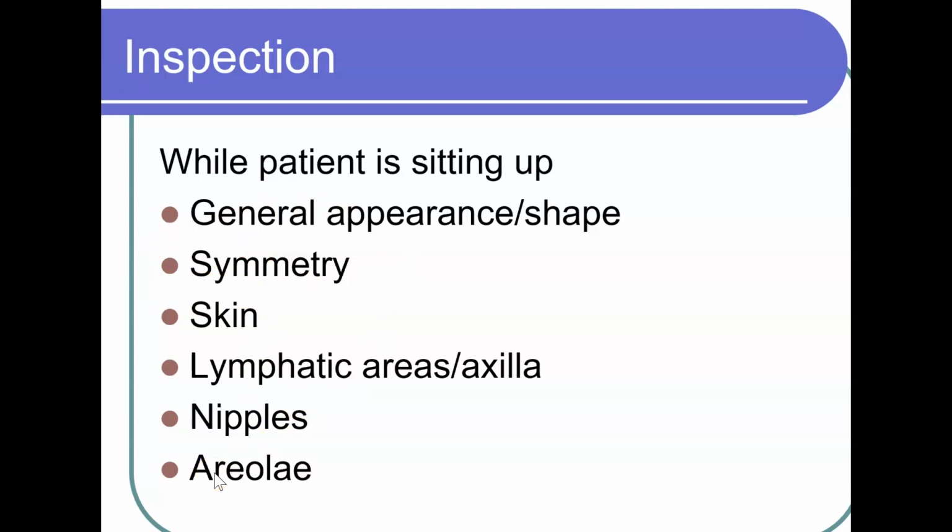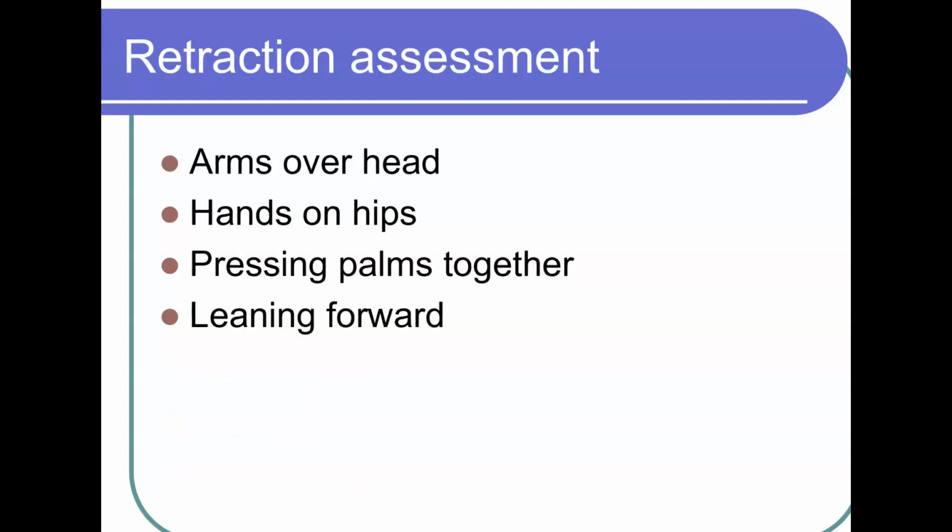It is sometimes common to see some women with one breast slightly bigger than the other, not a lot, but this is just common. You want to look at the skin color. Like I said, assess the lymphatic areas and the axillae, the nipples, and the areola.